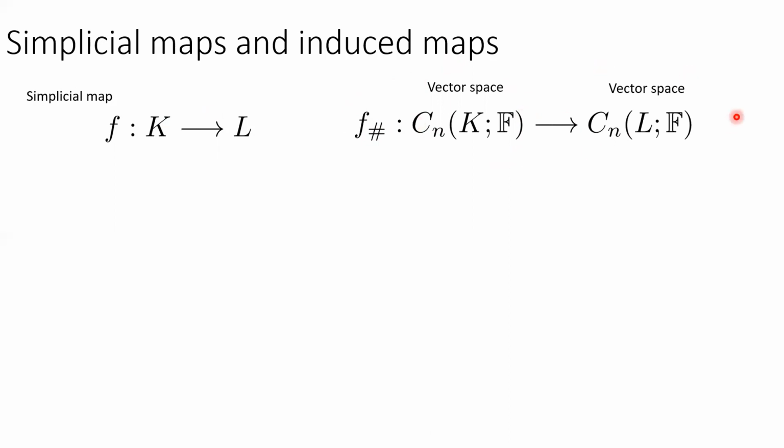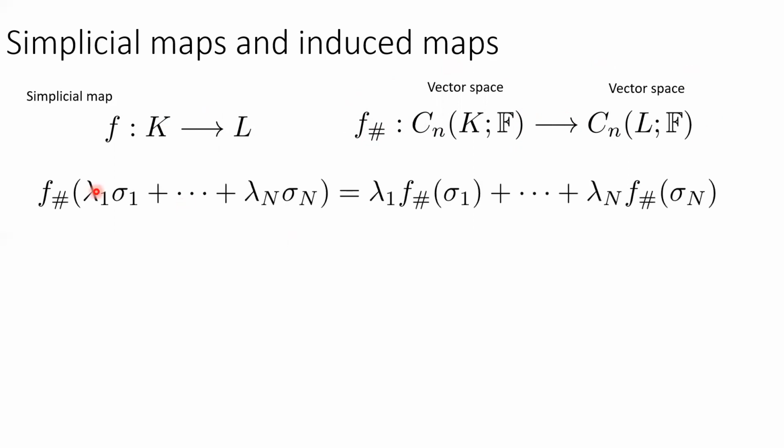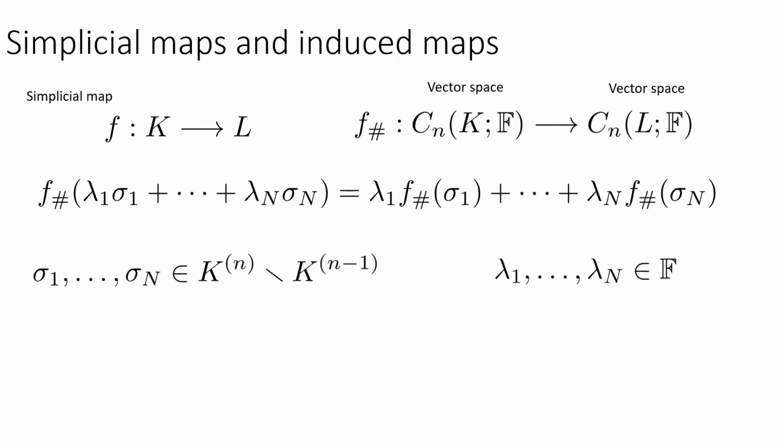The way F sharp is defined, well, it takes an n-chain, and it operates by first pulling out the scalars lambda and operating directly on the simplices. So here the lambdas are elements of the field, and the sigmas are n-simplices in the complex.